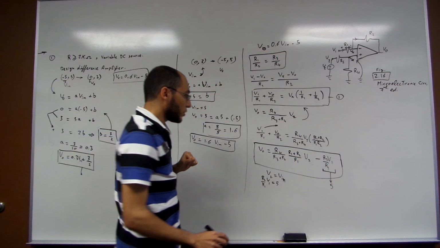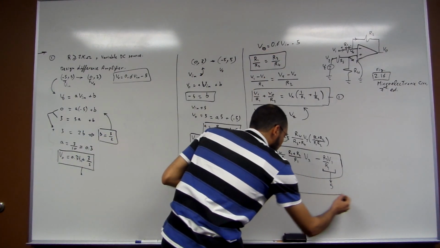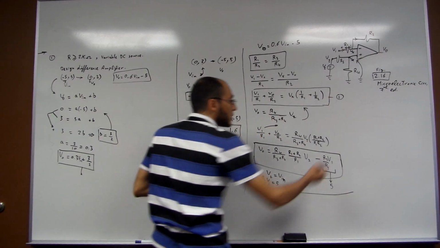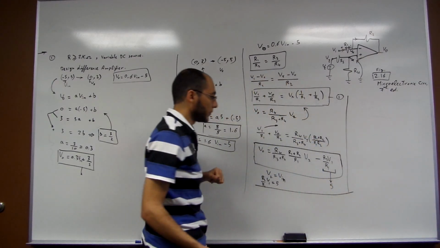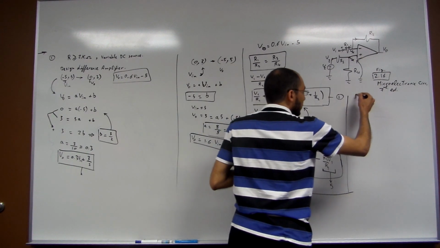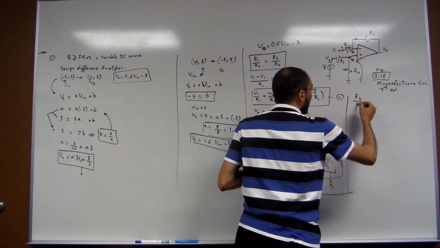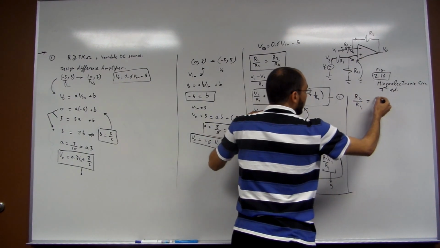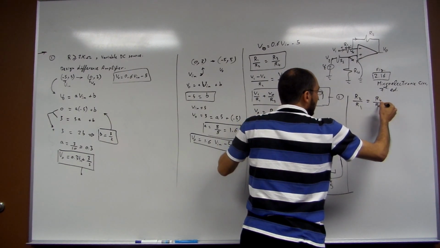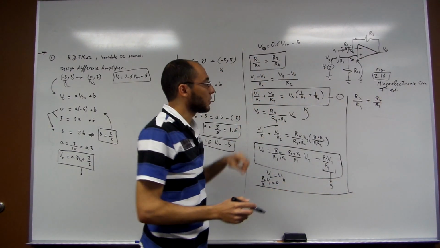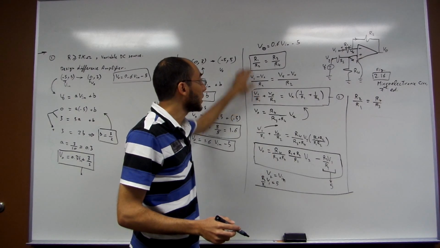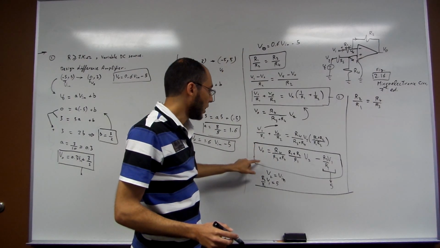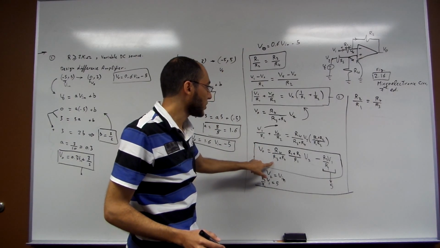There are two obvious options. The first one is, let's solve it here: choose R2 over R1 equals R4 over R3. Which is basically this equation. Right now I haven't really used this equation yet, so I'm going to solve using it.